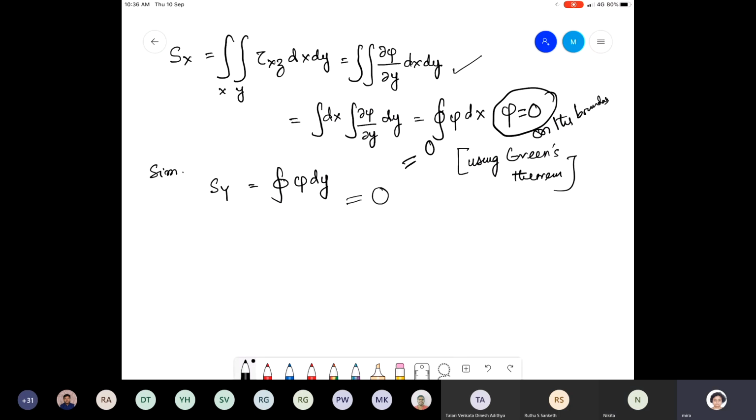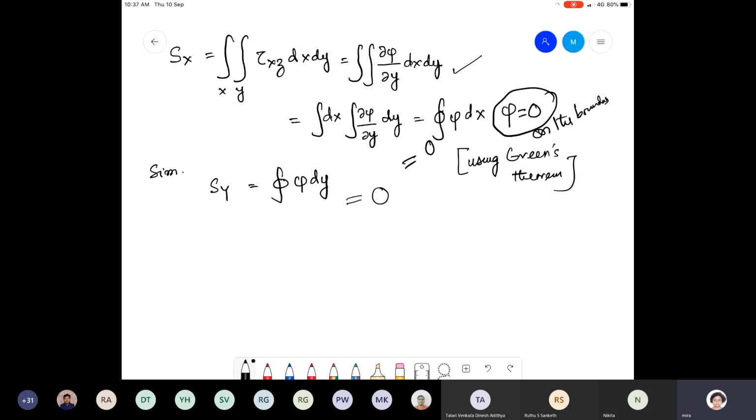There are examples which I usually solve in the class where phi is not equal to 0. This time, if time permits, we will go into those examples and see how we can handle the situation when phi is not equal to 0. Right now, let's be happy with the condition that phi is equal to 0, keeping in mind that phi not being equal to 0 is also an acceptable solution which satisfies the boundary condition and the equilibrium equation.